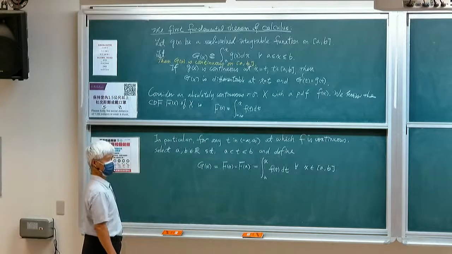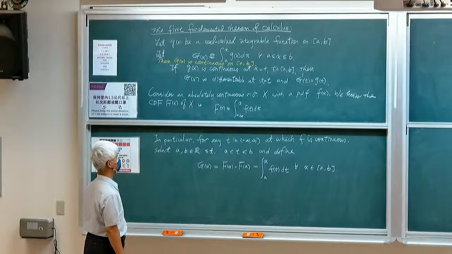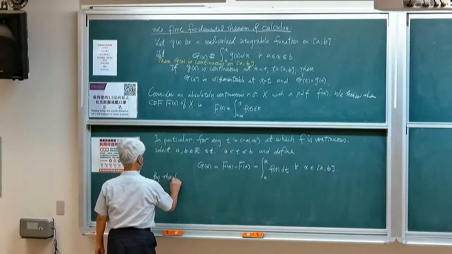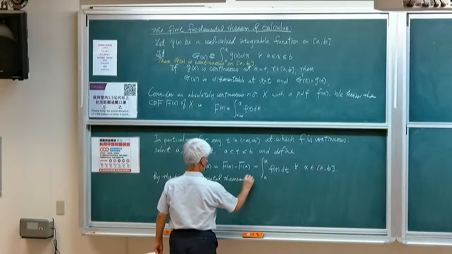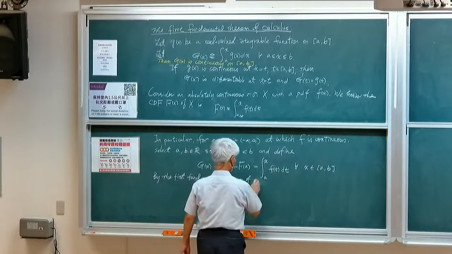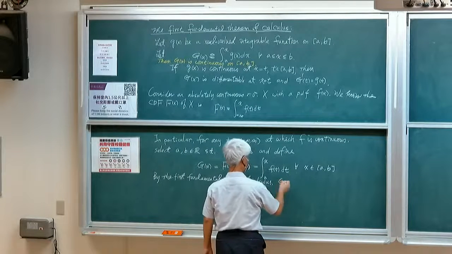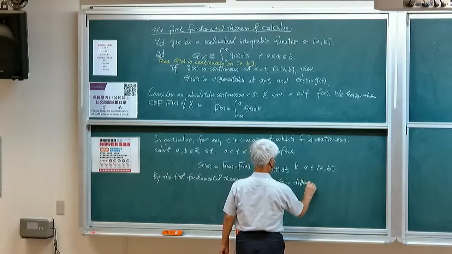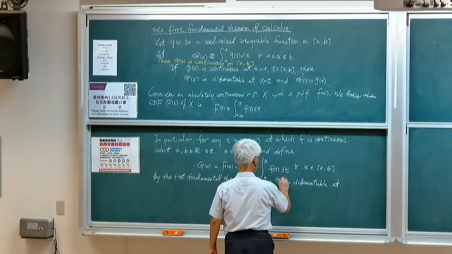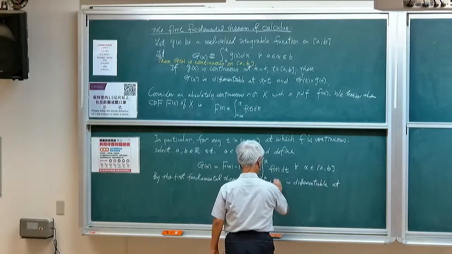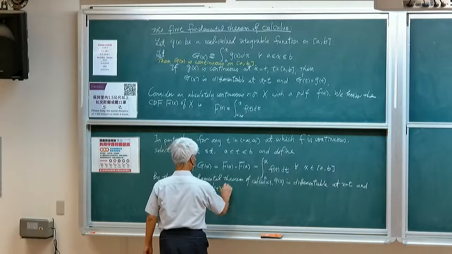Okay, so by the first fundamental theorem of calculus, G is differentiable at x equal to t, and G prime t is equal to f of t.